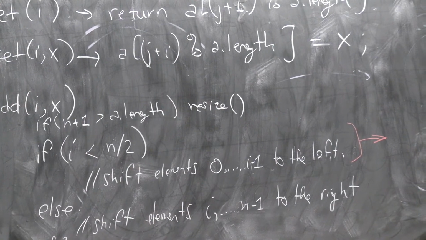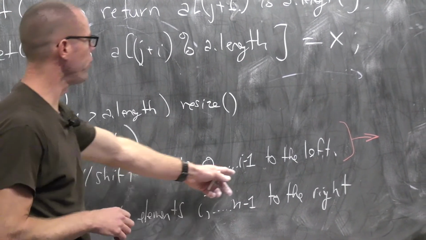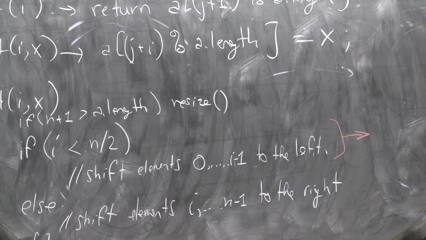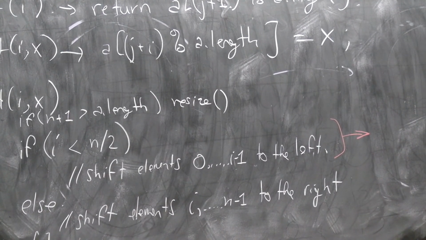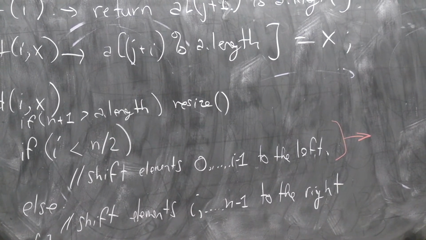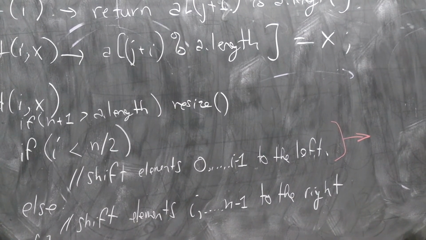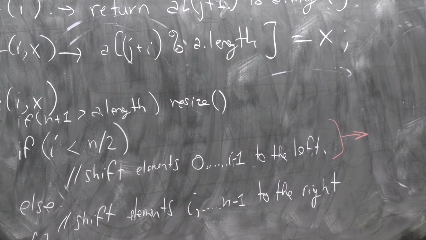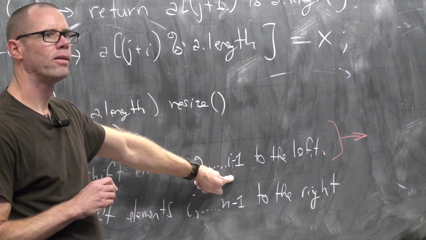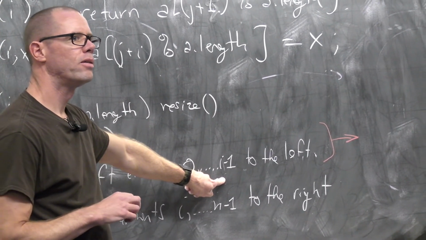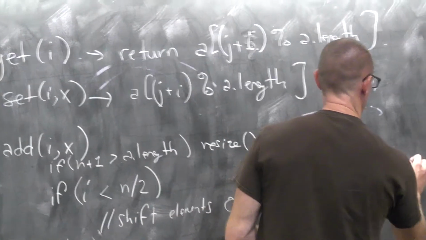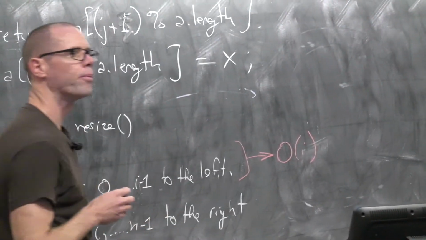How long does it take me to shift these elements, 0 through I minus 1, one position to the left? So how many elements are here? I elements. So shifting I elements one position to the left just takes O of I time.